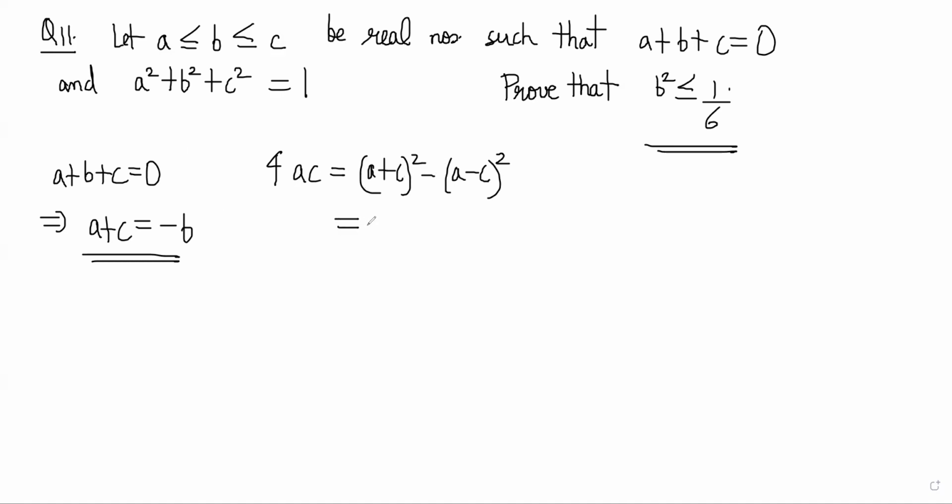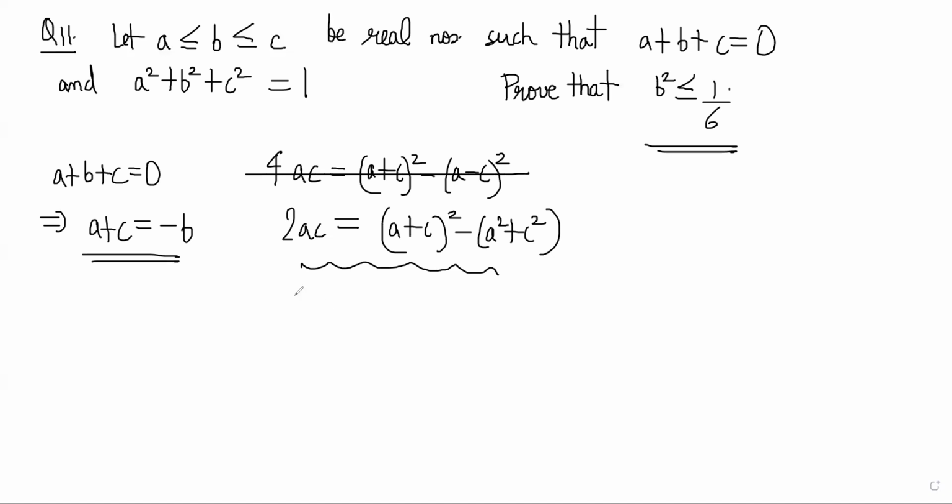Or you could also rewrite this as 2ac is equal to a plus c whole square minus a square plus c square. These are identities which give us ac. Let's not use the first one, let's use the second one. We get ac is equal to half of a plus c whole square minus a square plus c square.